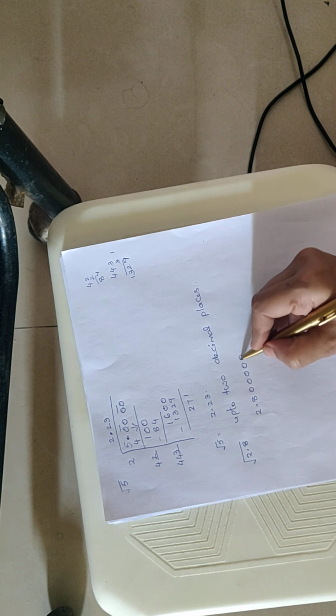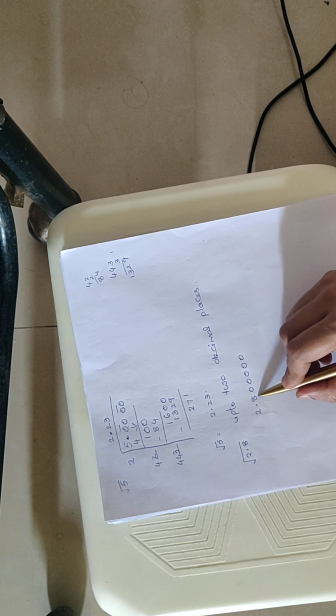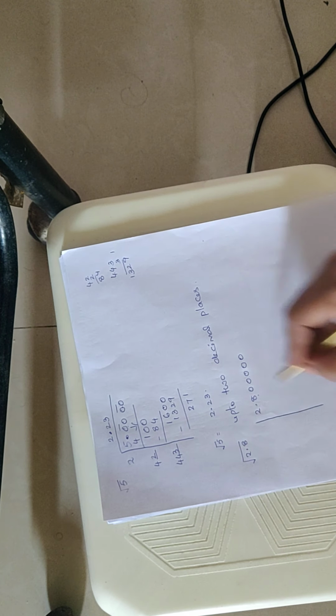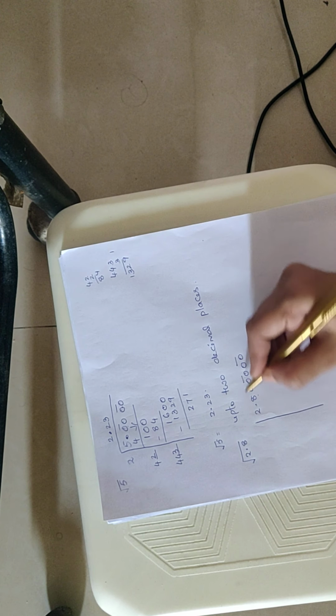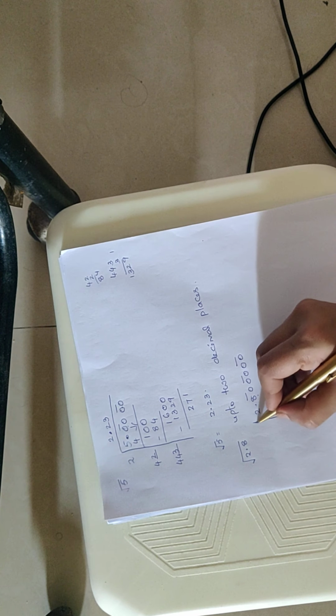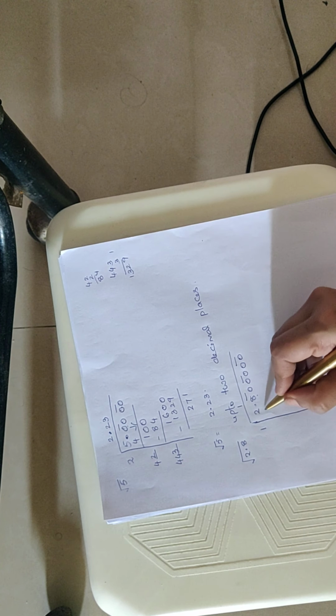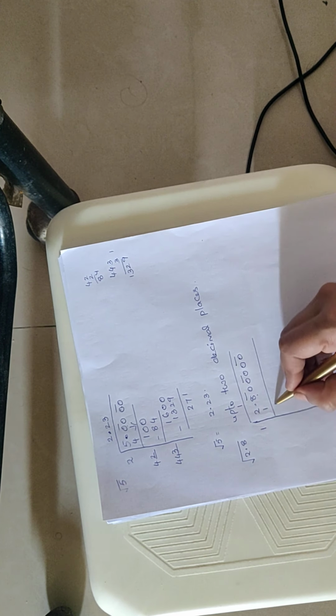Then put an odd number of zeros because we already have one digit after the decimal place. Pair it. 1 1s are 1. 2 minus 1.